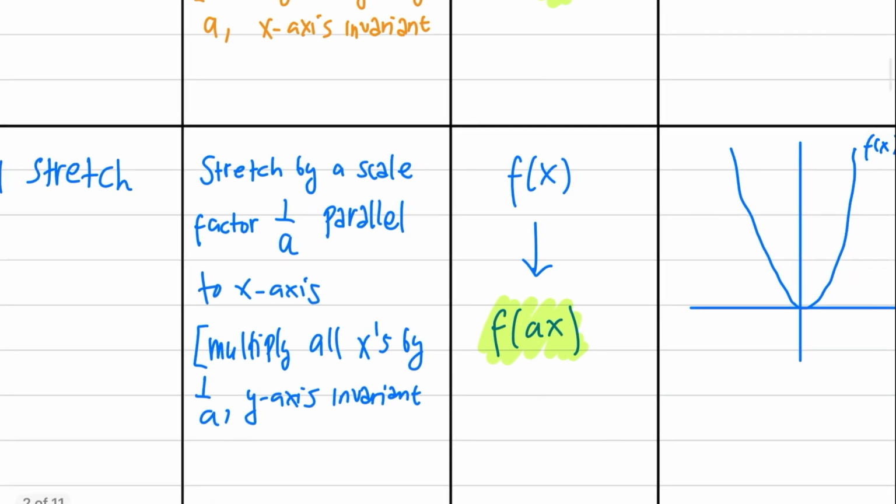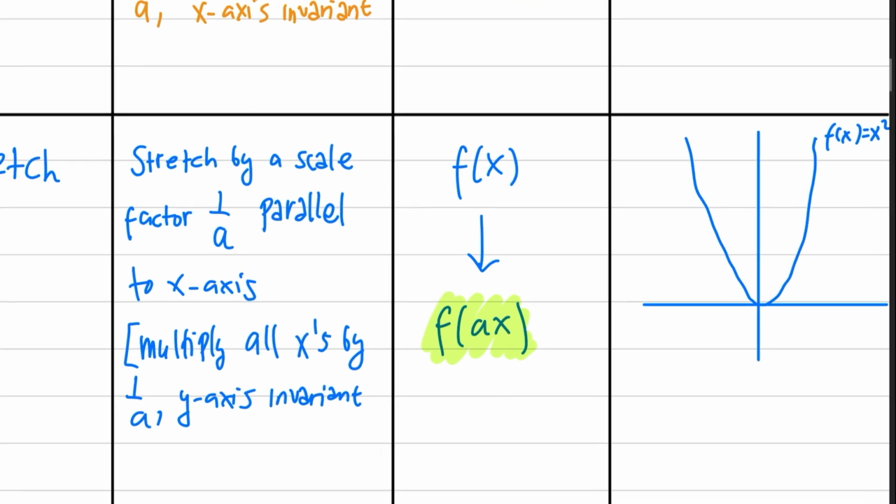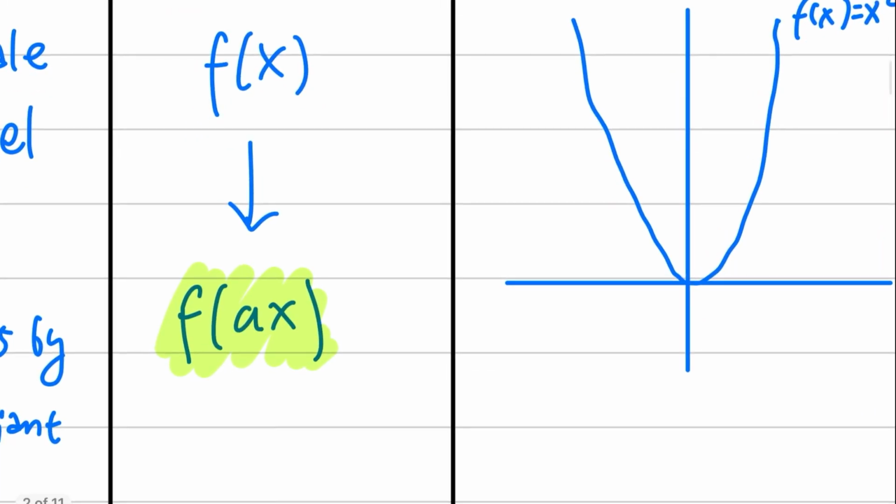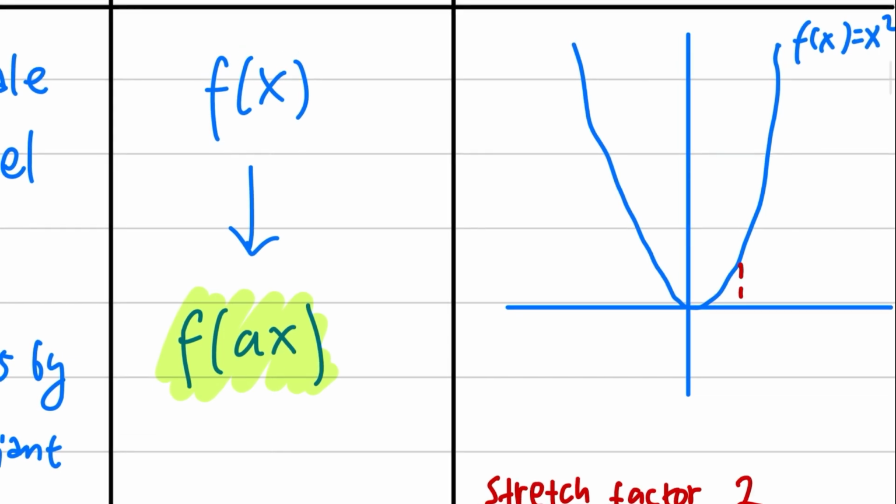So for example, this is f(x) equals x squared, and I want to stretch it horizontally with stretch factor 2. So let's say I have 1, this is 1, I have 2, this is 4. Maybe I just need 2 points.